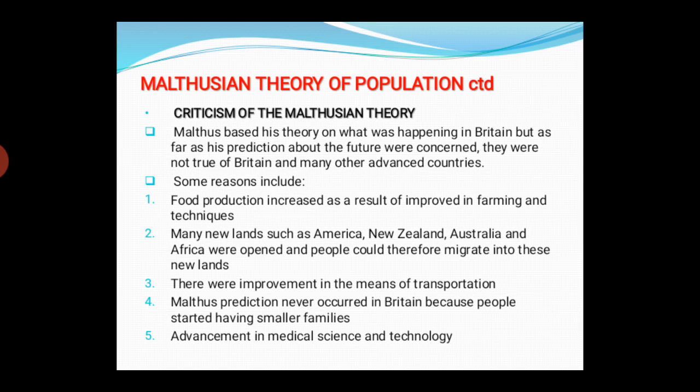This helped to increase agricultural production because it has a long-term positive impact on agriculture, and this leads to increasing returns instead of diminishing returns, as foreseen by Malthus.